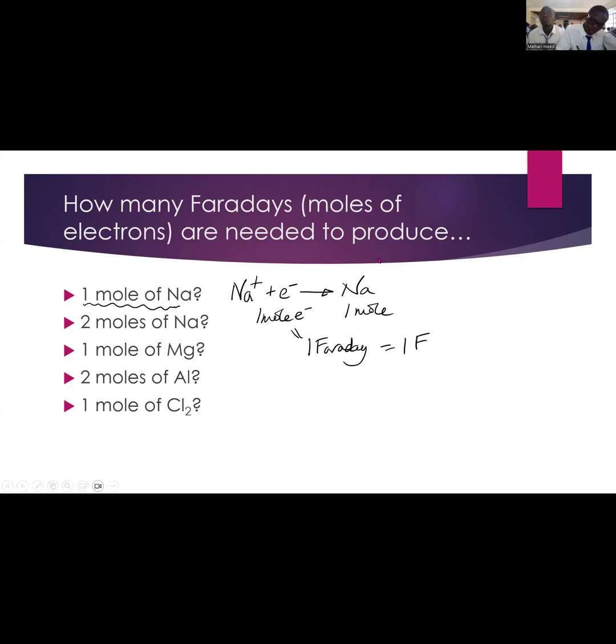So you look at all the other ones and try to work out what is formed and how much we need, and then we'll share the answers. Everybody have a go.